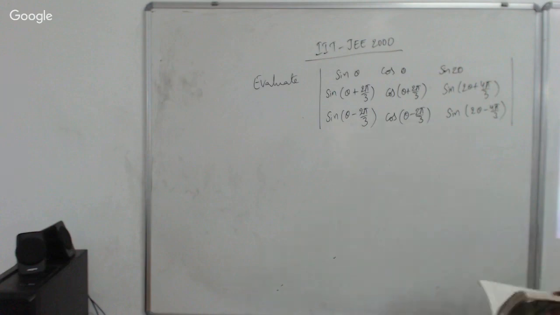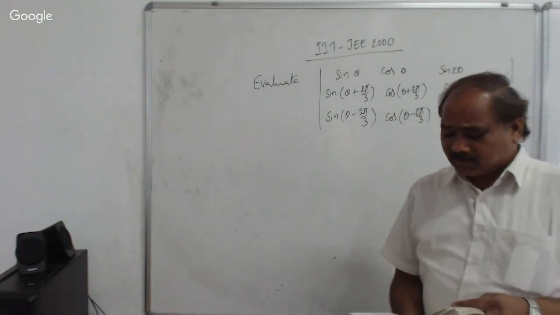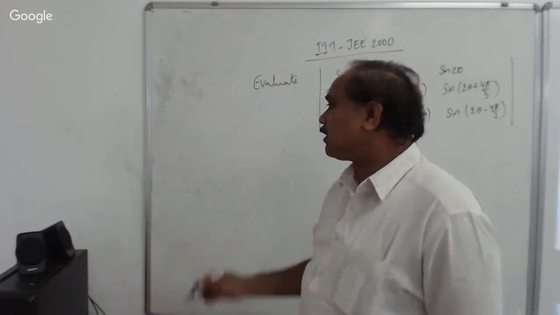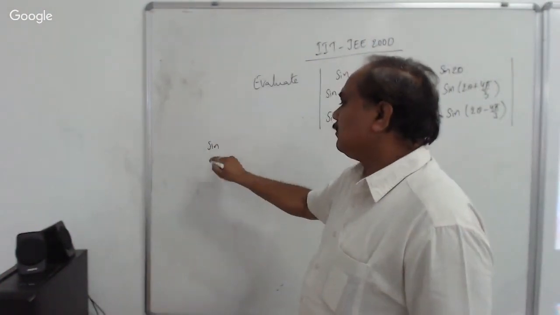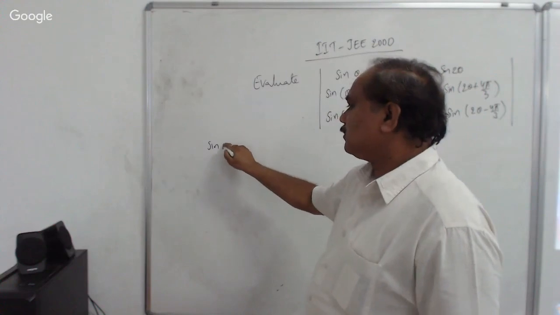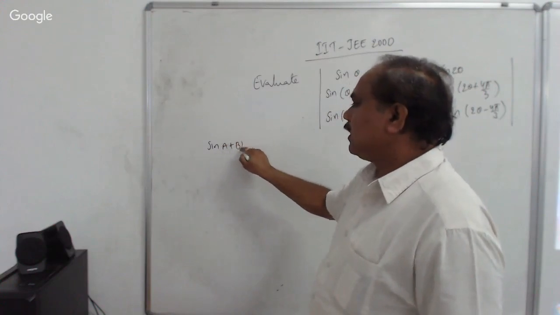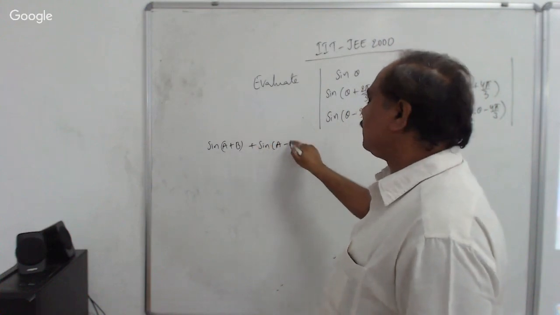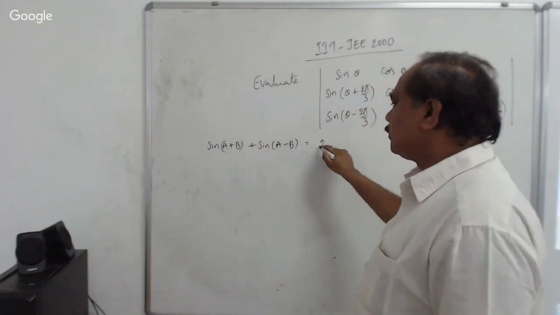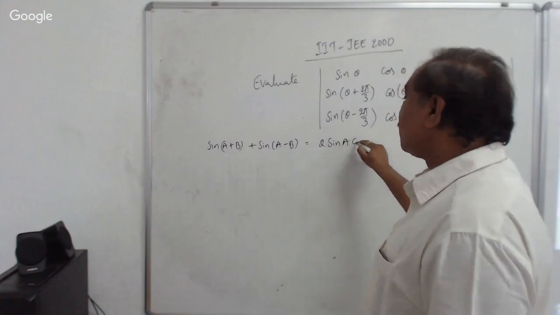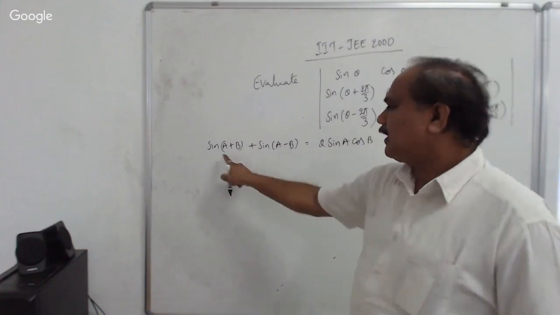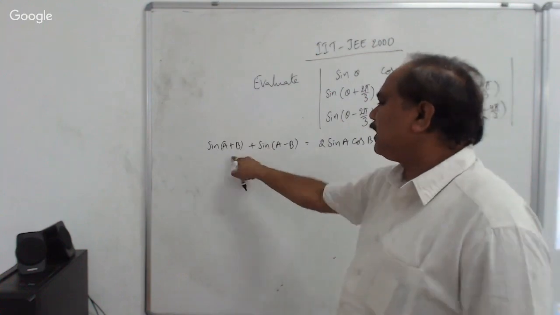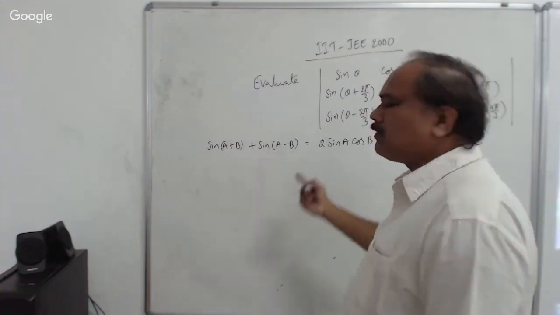Now here in trigonometric transformations, we have some formulas. Sin of A plus B plus sin of A minus B equals 2 sin A cos B. Otherwise, expanding sin of A plus B and sin of A minus B and adding these two directly, you will get this step.